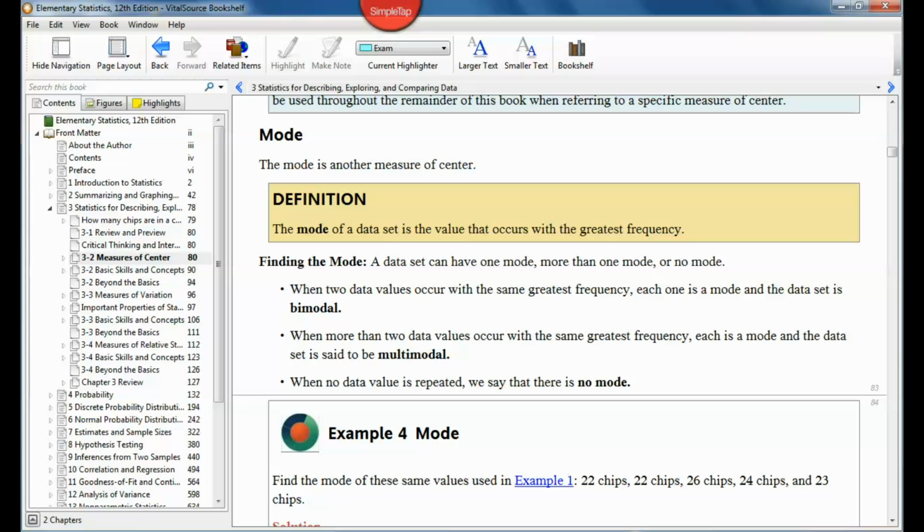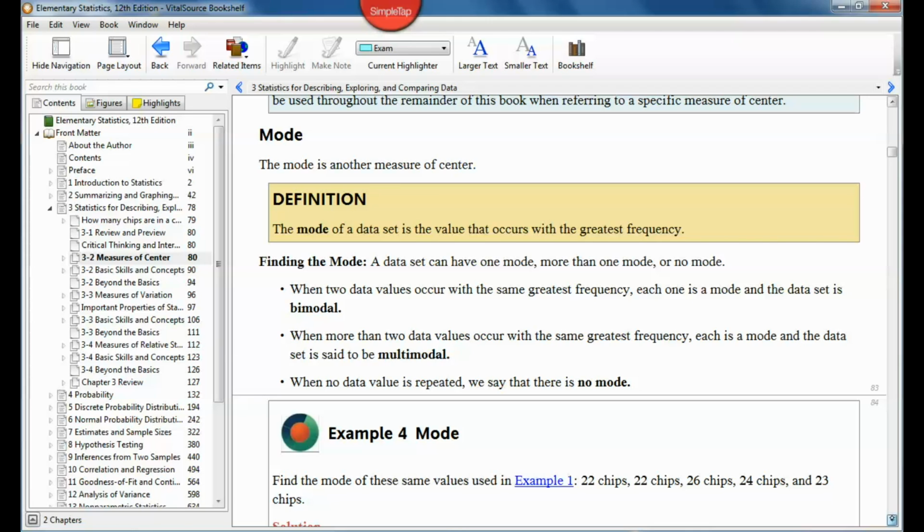No, if we have more than two modes, we usually just say it's multimodal. When no data item is repeated, there's no mode. So you can have one mode, you can have 100 modes if the data set was large enough and the frequency was the same for all of those. Or if none of the items are the same, there's no mode.